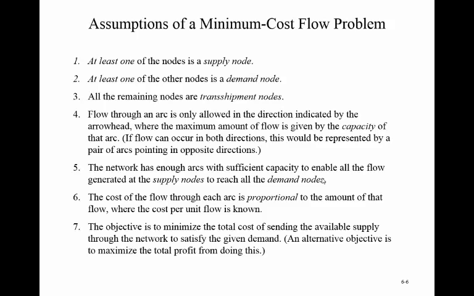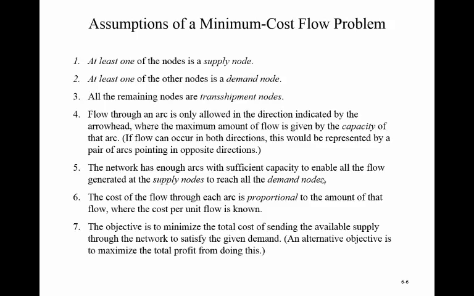So again, the key thing is that you have to have enough arcs to be able to actually make it happen. In other words, it has to have sufficient connections and sufficient capacity to actually meet all of the demand from the supply nodes. And one other key thing is that when you flow units across an arc, it's basically a linear multiplier.